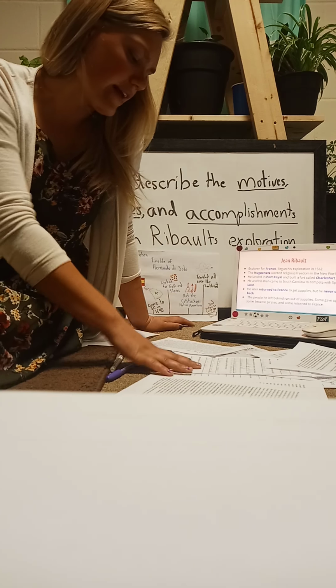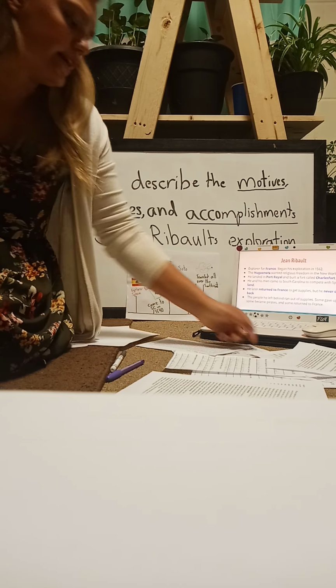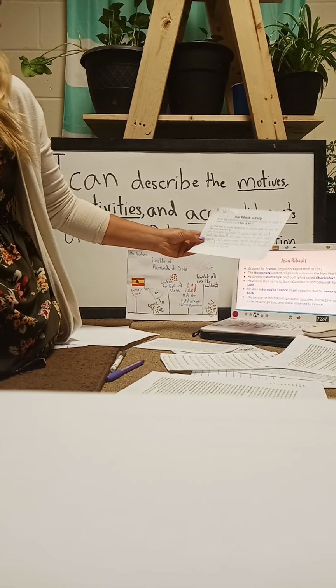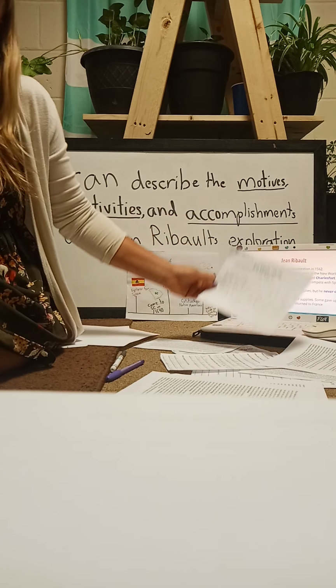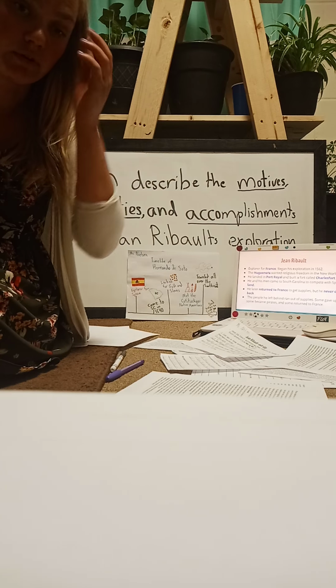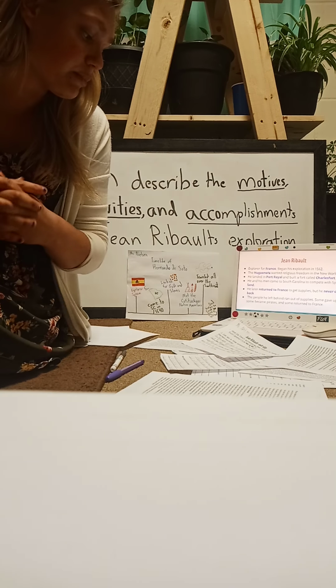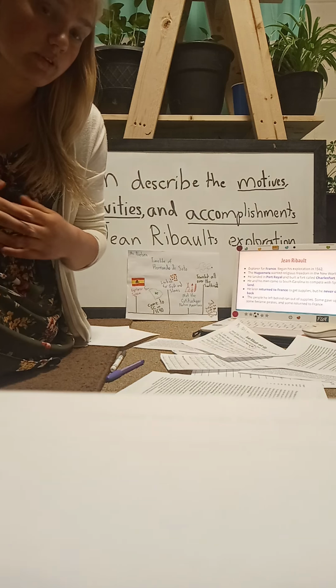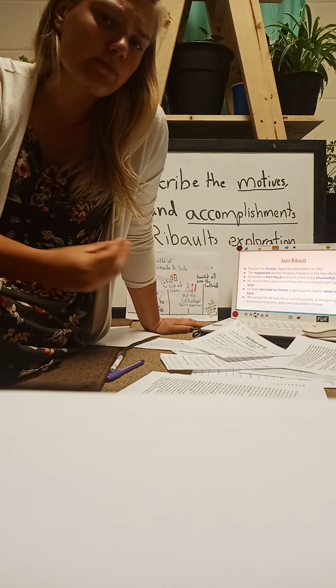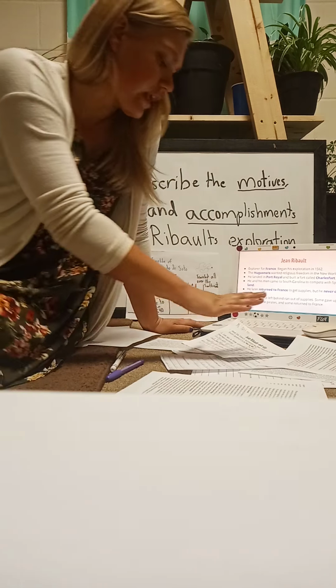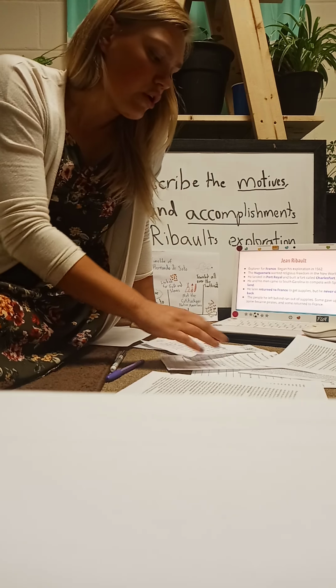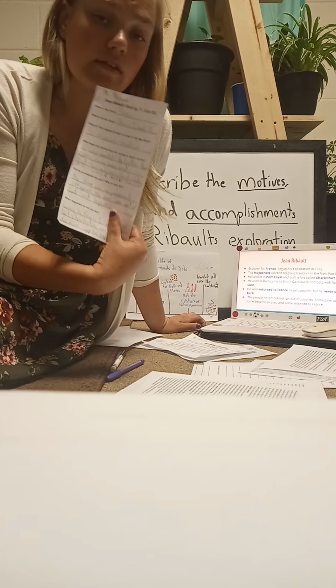And also, if I get, let's say, the exit slip, and they don't understand why or why not he was successful, if it's only a small group, then the next day during WIN time, for example, or maybe social studies when they're doing the independent practice, I can pull that small group of students and work on this exit slip or the couple problems on the notebook page.